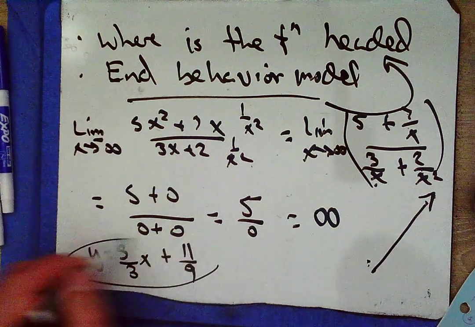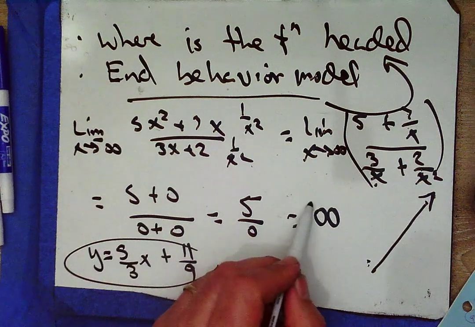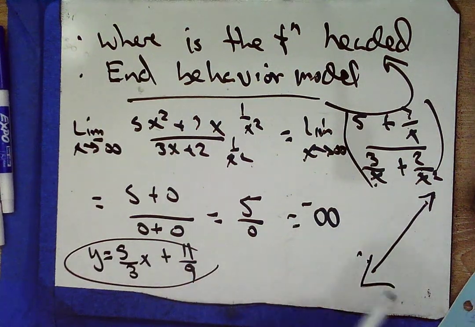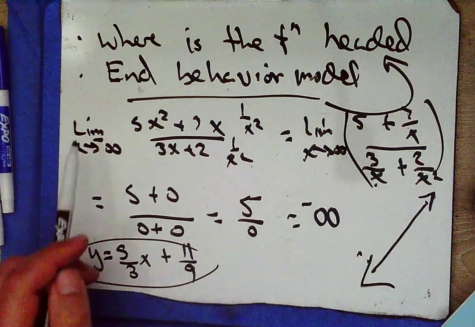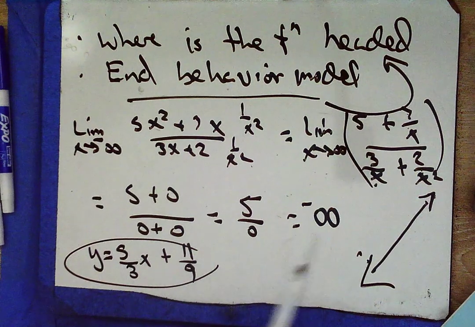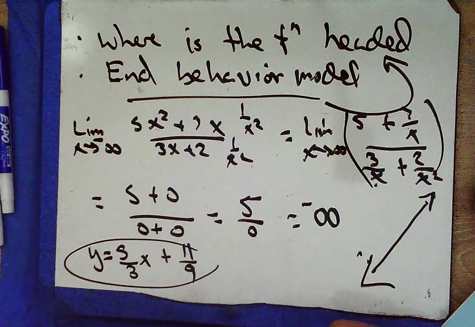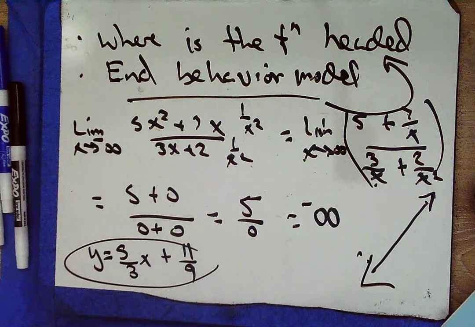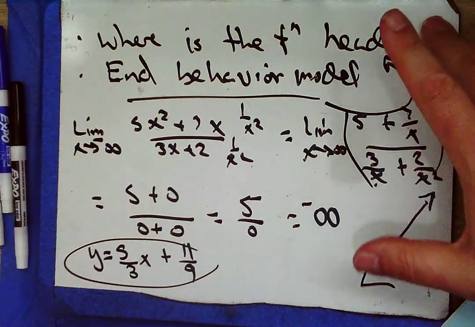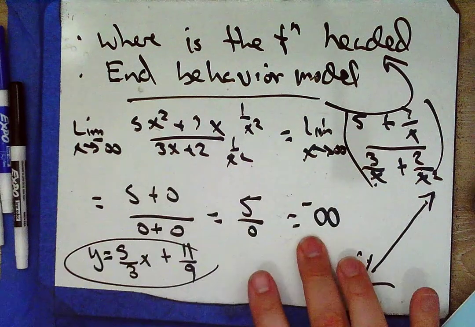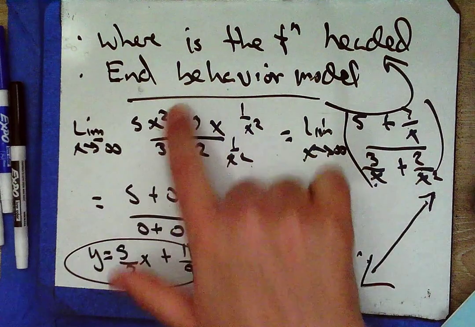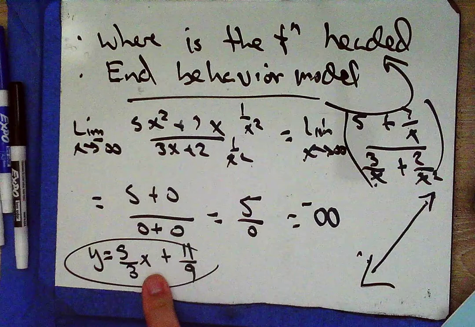When I think about where this function is headed, I know that I'm headed down forever, and therefore that this limit is equal to negative infinity. So often I find I have to think about these questions carefully. Where I'm headed is the value of my limit. The end behavior model is how I get there.